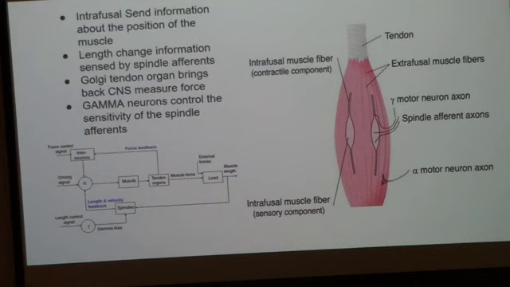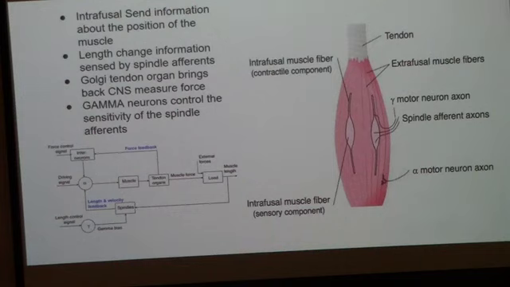And then you get the length or the velocity information from the spindles. So the spindle afferents are the ones that are connected on the right-hand side. And then there is a gamma motor neuron which feeds to the intrafusal muscle fibers.